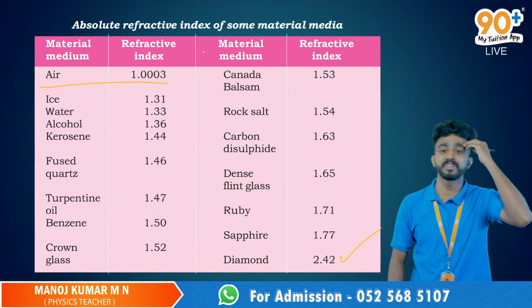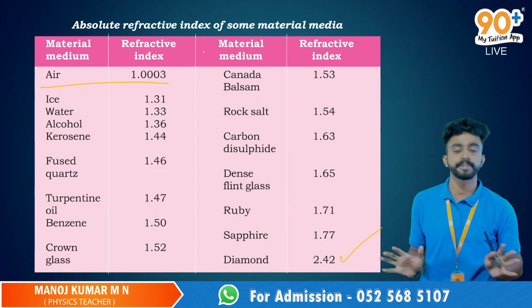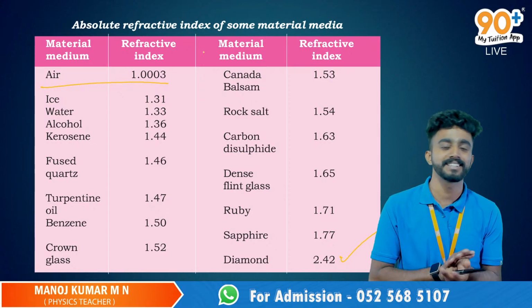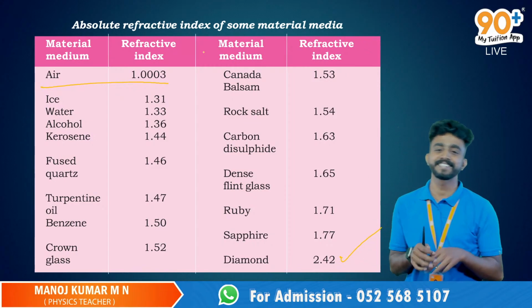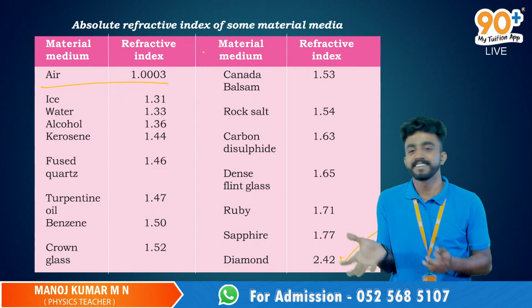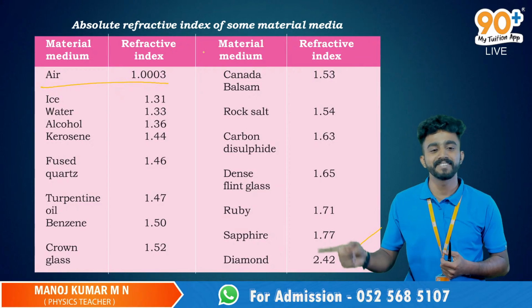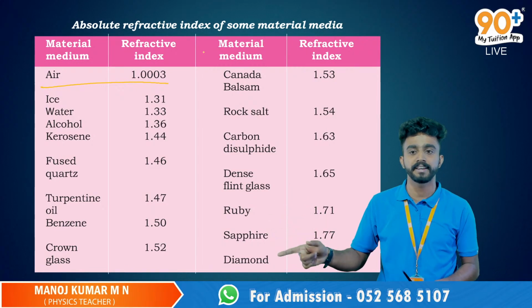So don't think, oh God, how will I memorize all these values? Not required. Just understand that in loosely packed materials or like air and all in rarer mediums, refractive index value is very less. In densely packed strong materials or solids like diamond, sapphire, ruby and all, guys, you know, right? Precious stones, ruby, sapphire and all.